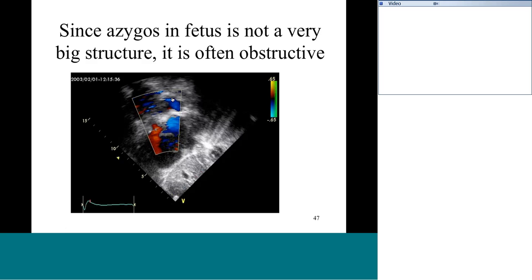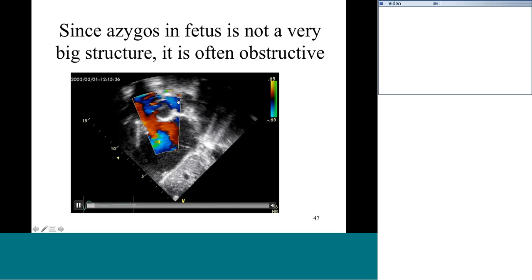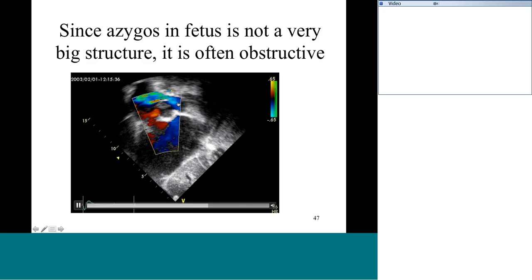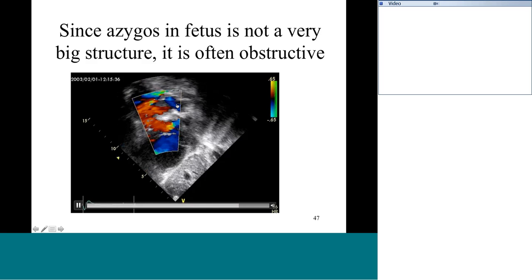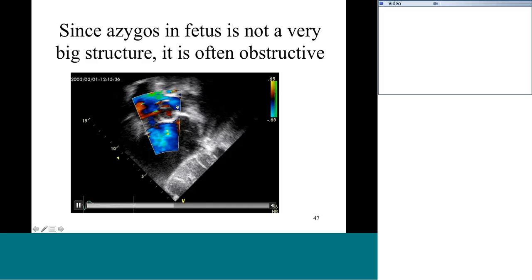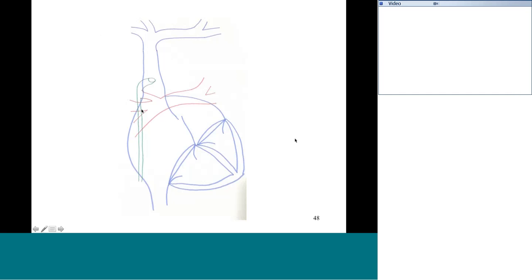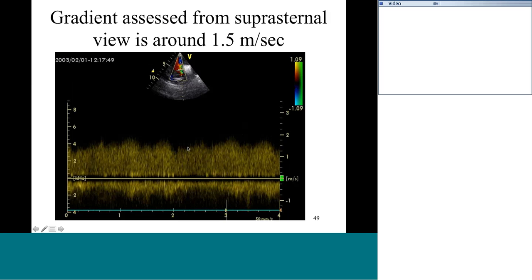So after the baby starts to have a fall in pulmonary vascular resistance and increasing pulmonary blood flow, this azygos does not accommodate a large flow, and so very often it will be restrictive. So here you will find that most of the time this channel is smaller, and so there will be some restriction. The restriction produces some gradients.